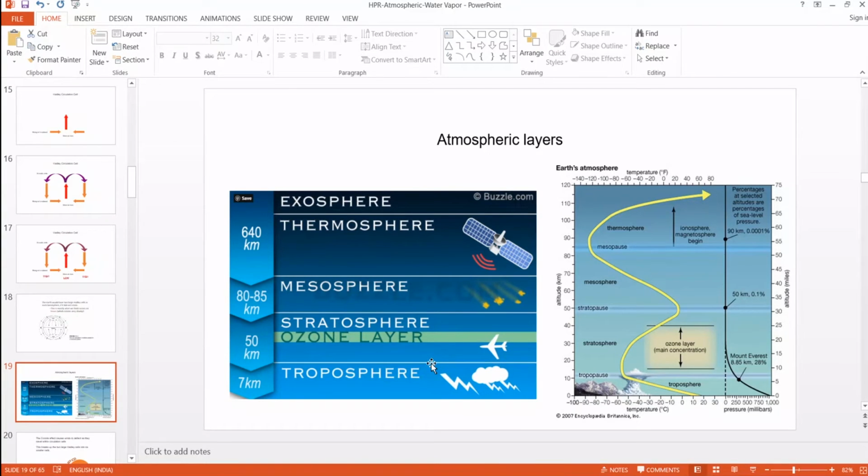Okay, so these jet streams travel across thousands of kilometers. So mainly the cloud formation occurs in the troposphere. Whatever the evaporated water is, it is in the troposphere, and there the precipitation takes place.